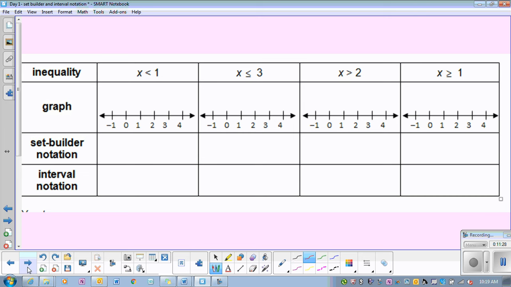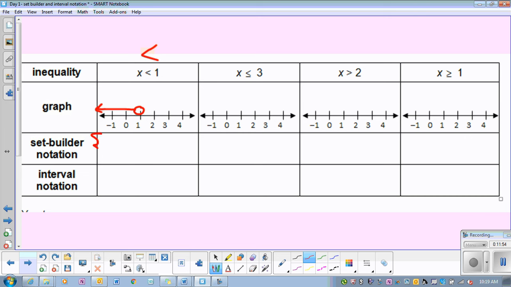So let's go to 1. What kind of circle is that 1? Open or closed? Open. So I'm going to go to 1, make it open. And which way is this arrow going? To the left. Okay, so here's my graph.